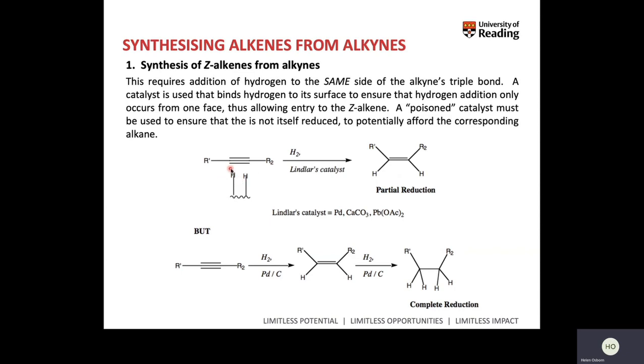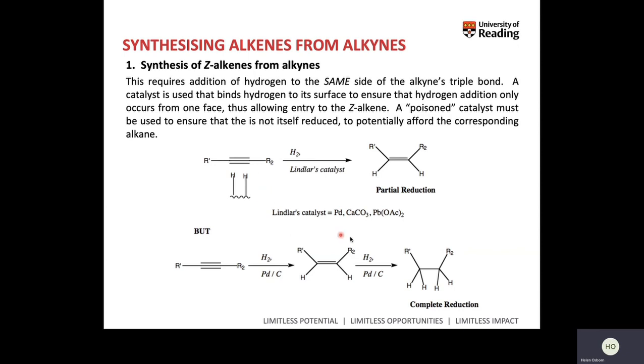That can add to the alkyne on one face of the alkyne, and if it adds to one face of the alkyne, it's going to give this here. It's going to give us the Z alkene, the cis alkene, because the hydrogen has been added to the same side. So if we ever wanted to make this Z alkene, we could look to do it from an alkyne by adding hydrogen under particular conditions using a particular catalyst.